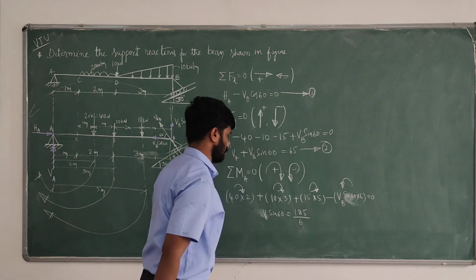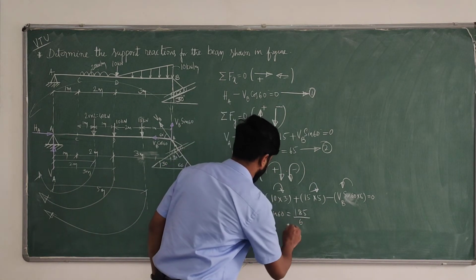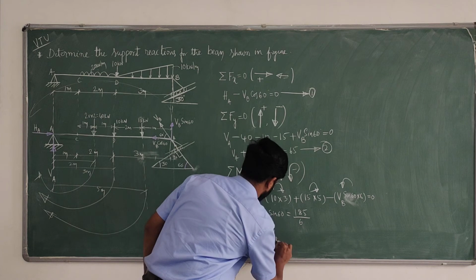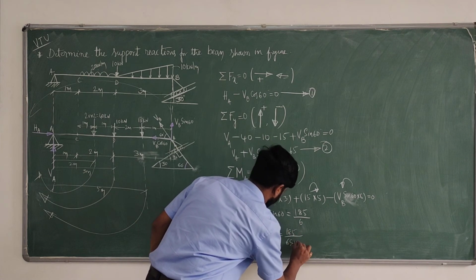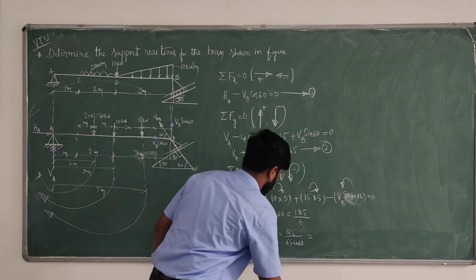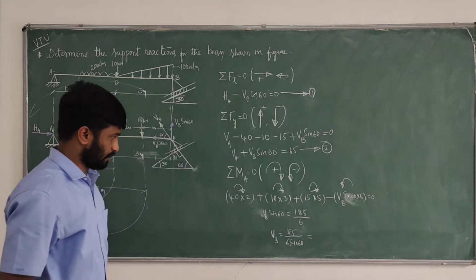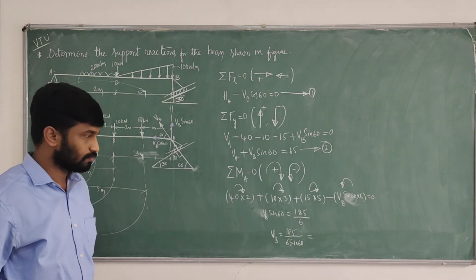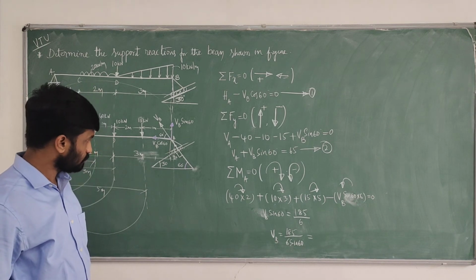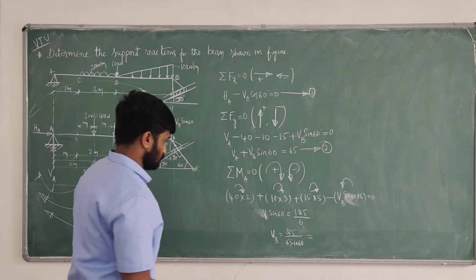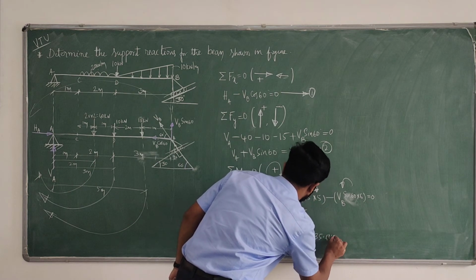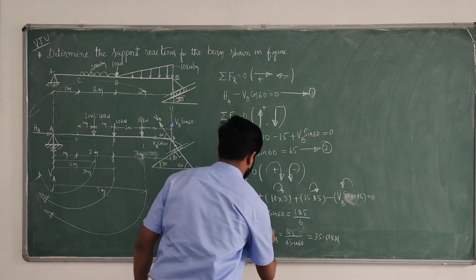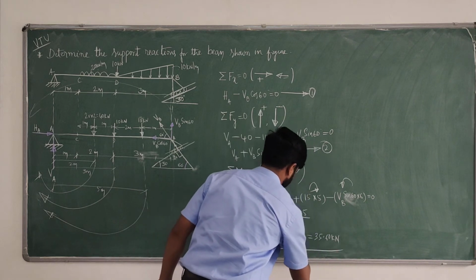Or you can take VB equals 185 divided by 6 sin 60. So how much? 185 divided by 6 sin 60 is 35.6 kilonewton. So we got the VB value.